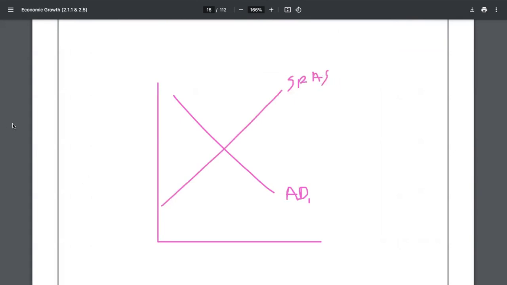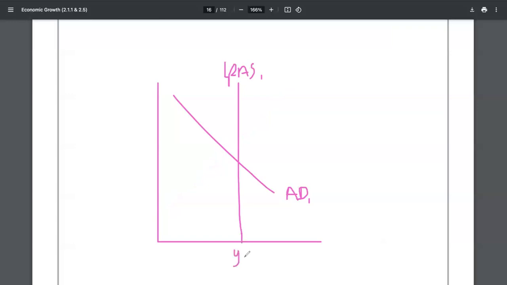If I want to demonstrate the impact of supply side policies, I can do an LRAS curve as well, which is just a vertical curve. It just shows my limit of full employment, so that's how much the economy can produce at maximum.